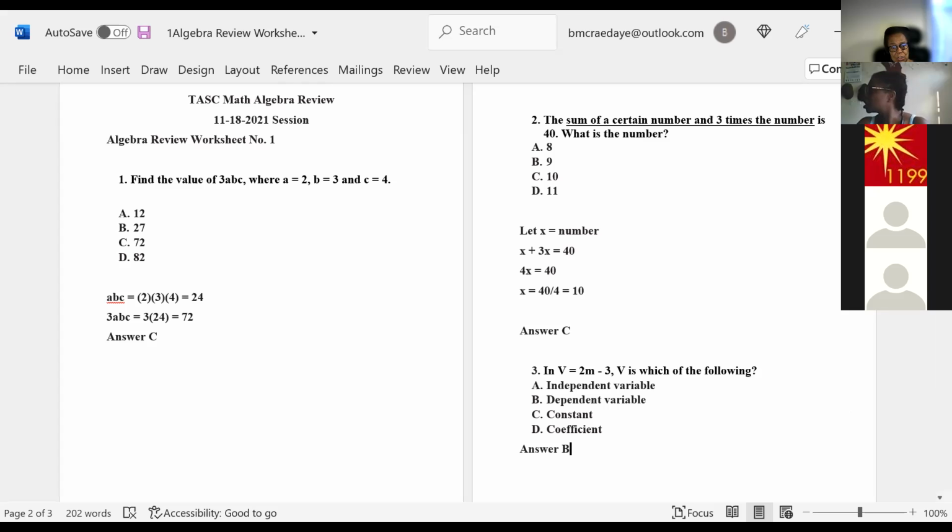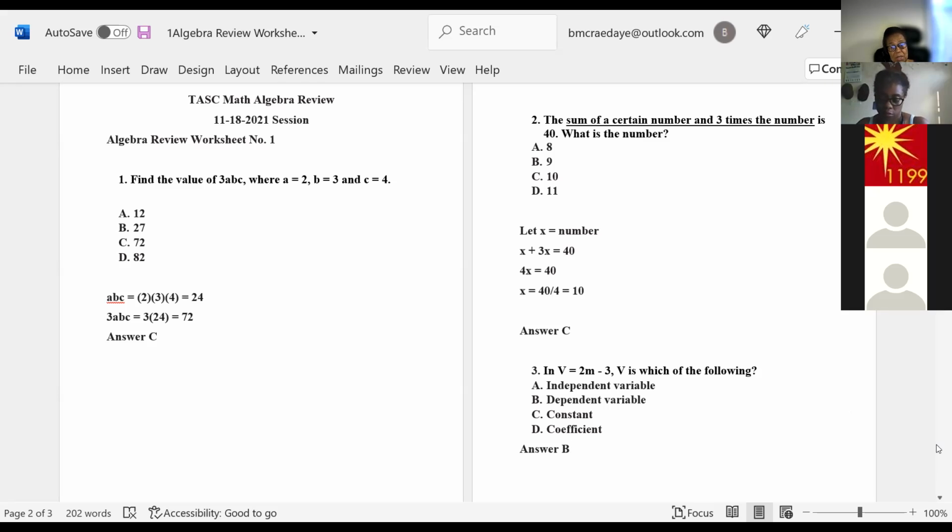Questions? If you go in the store to buy something, and you have a certain amount of money to spend, what is the dependent variable?